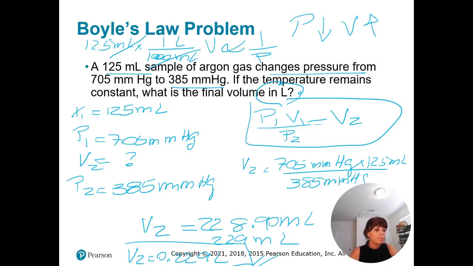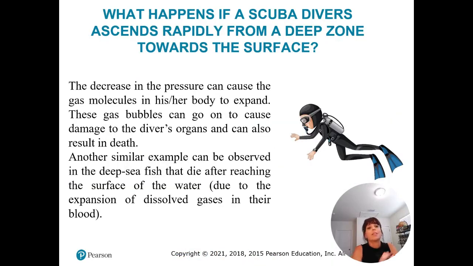What else? Let's keep it going. What is important here? Maybe you're asking yourself why we need to know this. It doesn't matter if you go to an engineering course or to the medical field, this is very important. What happens if a scuba diver ascends quickly from a deep zone toward the surface?